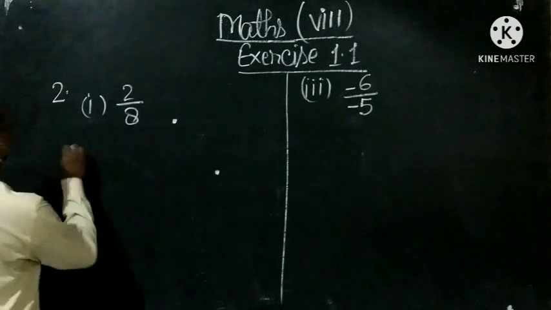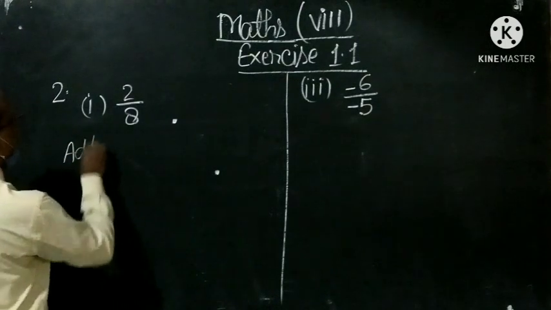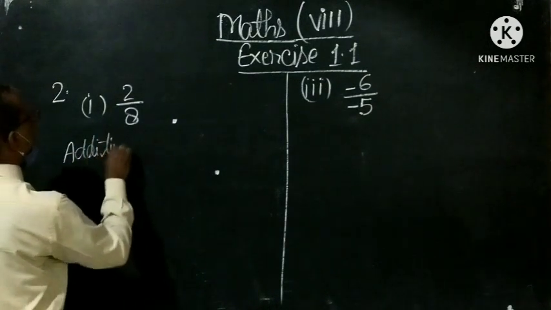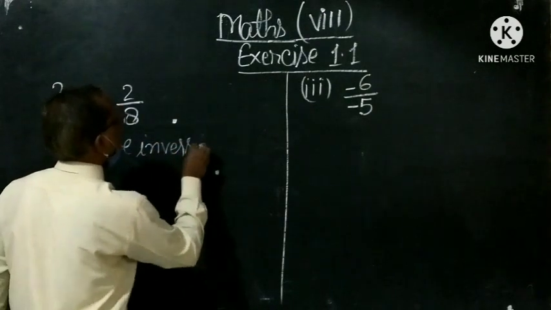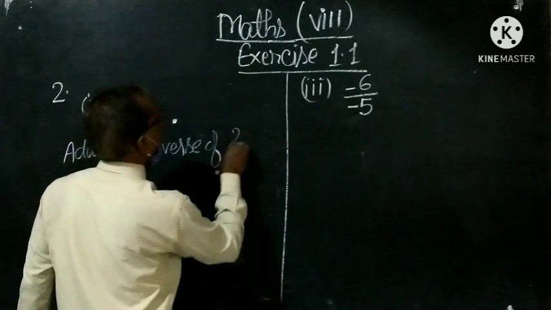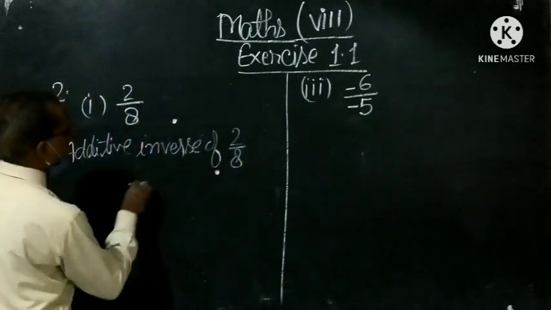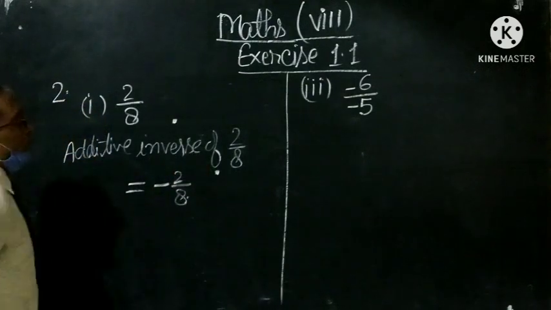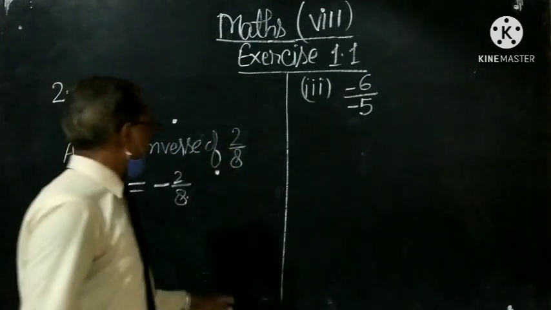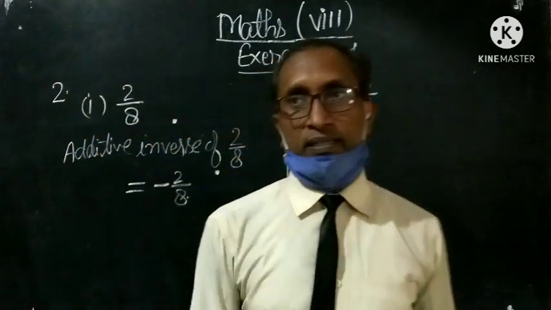Additive inverse of 2 by 8 is equal to minus 2 by 8. When you add 2 by 8 and minus 2 by 8, you get 0.